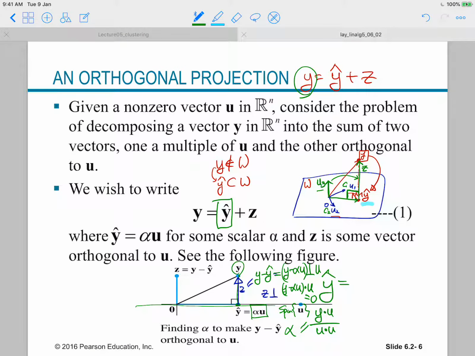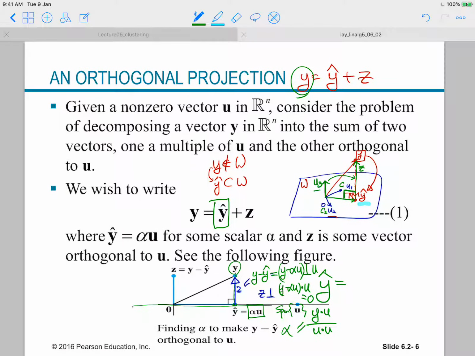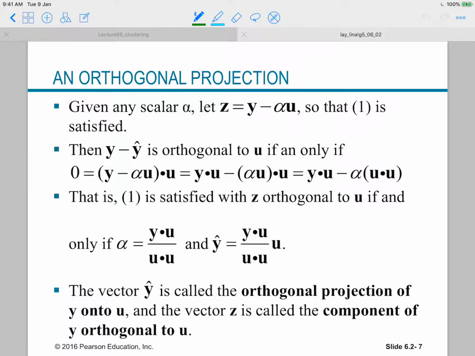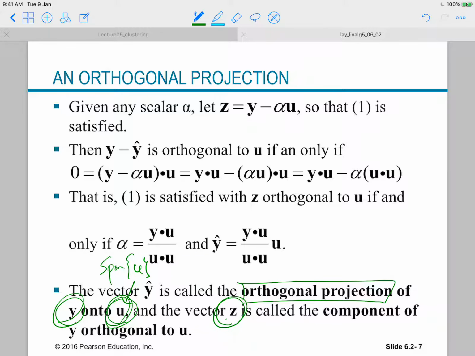Okay, so this is a special case of having a one-dimensional subspace W. That is called the orthogonal projection of y onto u, or onto the subspace spanned by u. And this z is called the component of y orthogonal to u.